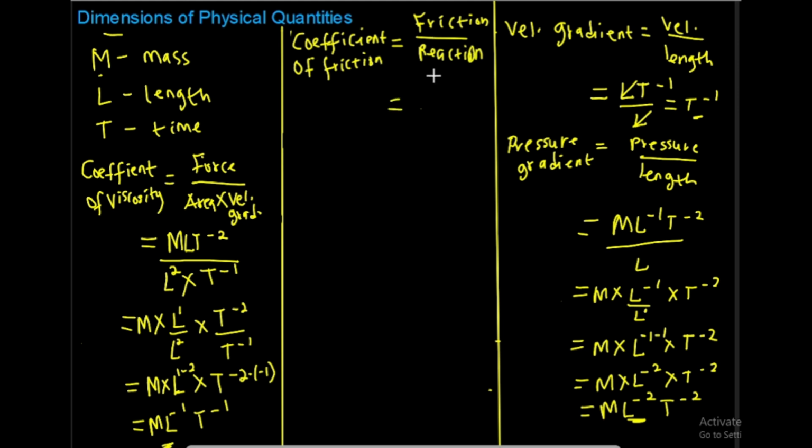Now, both friction and reaction are forces. Friction is a type of force. Reaction is also a type of force. So since they are both forces, friction will have dimension MLT^-2, and reaction MLT^-2 as well. Since they're exactly the same, they can cancel out, and then we have it to be equal to 1. And 1 is not a dimension, so we'll say dimensionless.